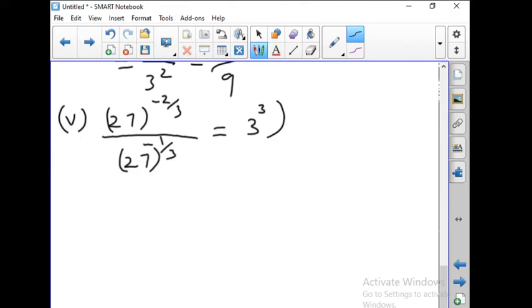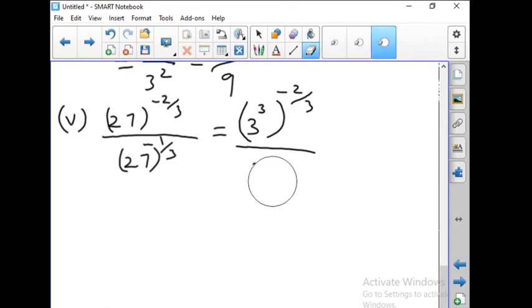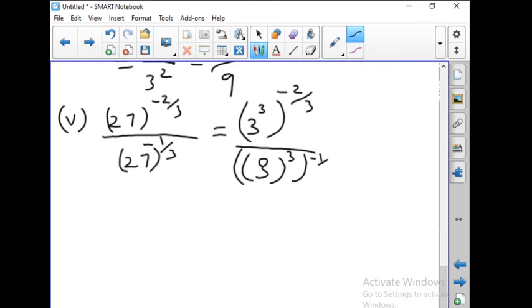So, (3 cube) power minus 2 by 3, divided by (3 cube) power minus 1 by 3. So, what is this now? 3 and 3 will get cancelled. So, you get 3 power minus 2 by, here also 3 will get cancelled, 3 power minus 1.